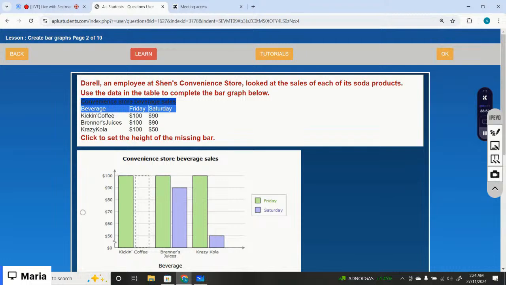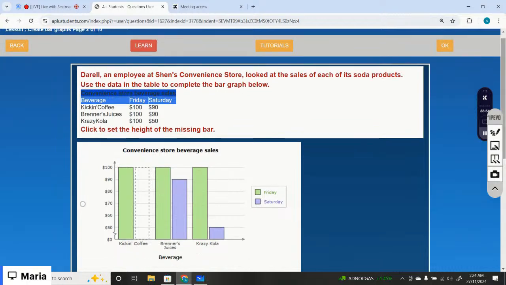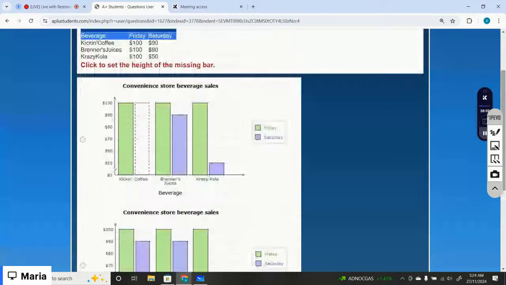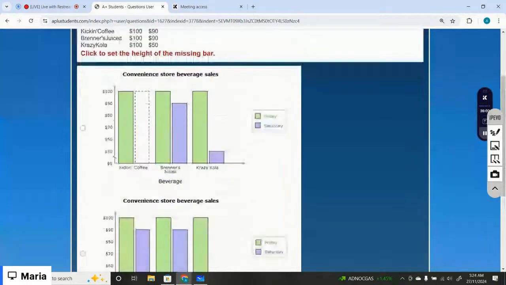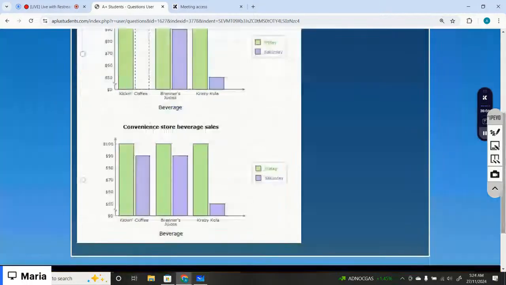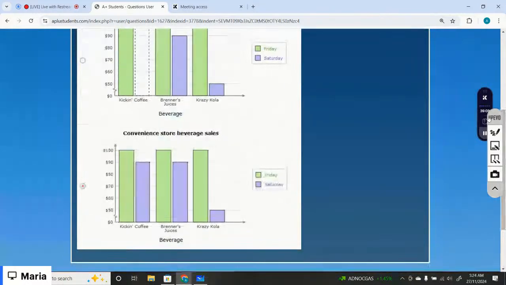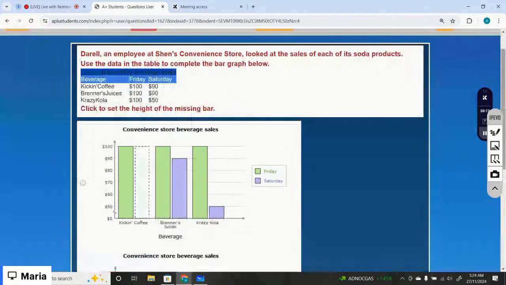Click to set the height of the missing bar. 190, 190, and 150. Option number 2 is the correct option.